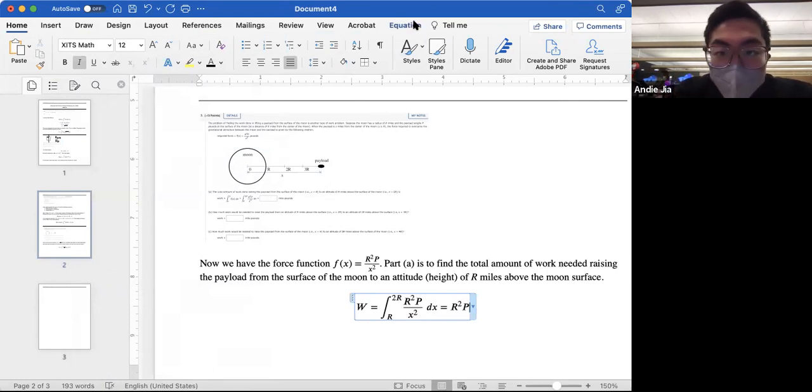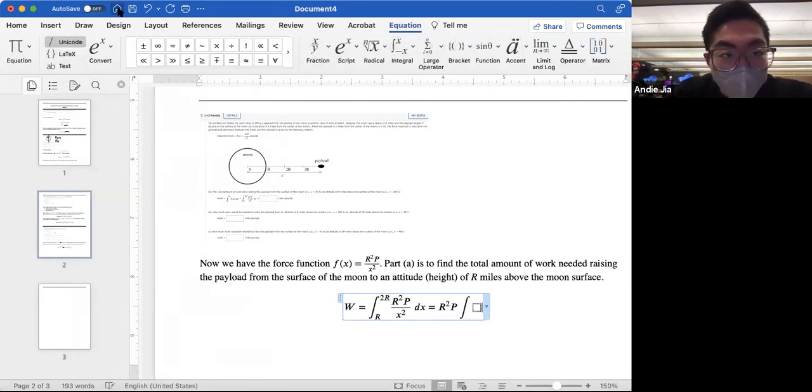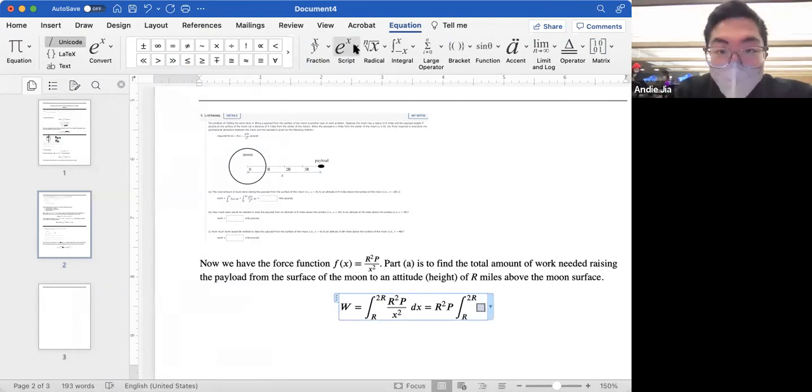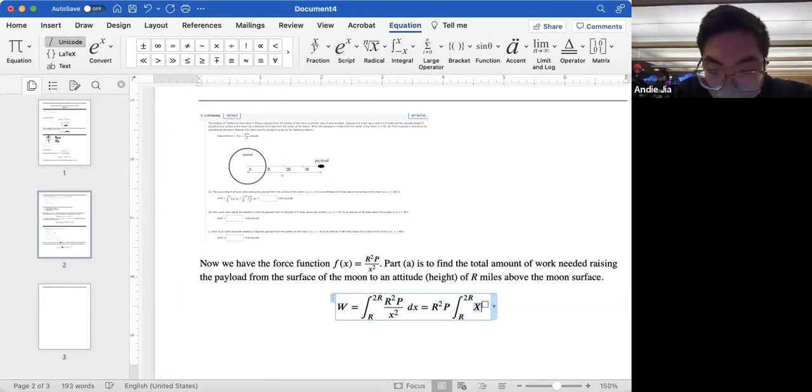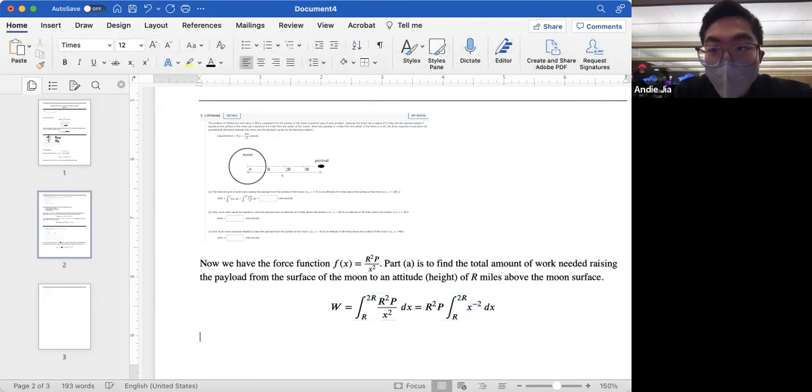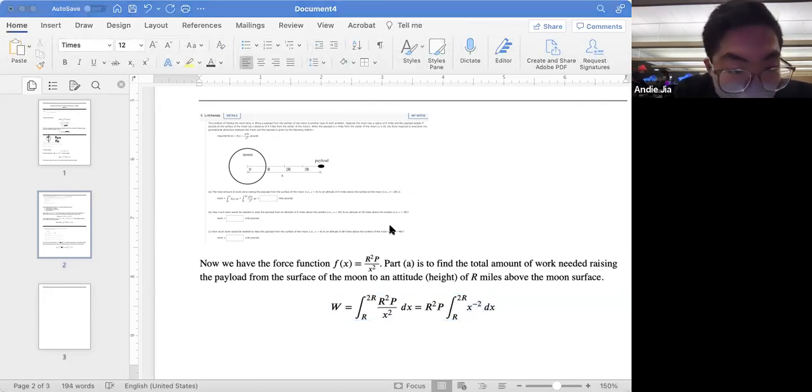And then this integral is from r to 2r of x to the power of -2 dx, and then do the integration, and that is the work.